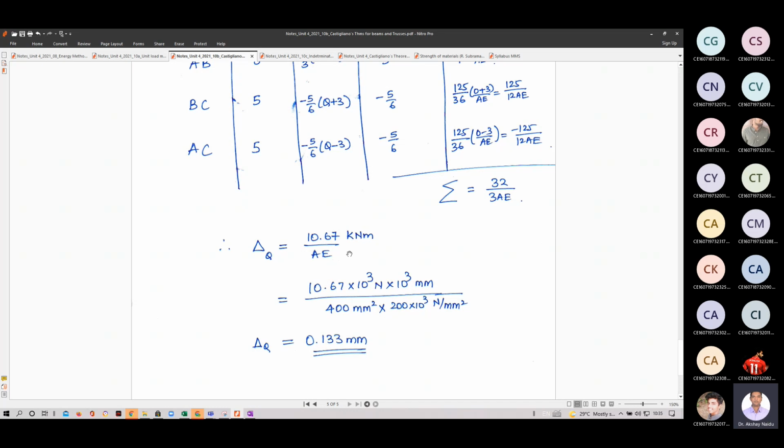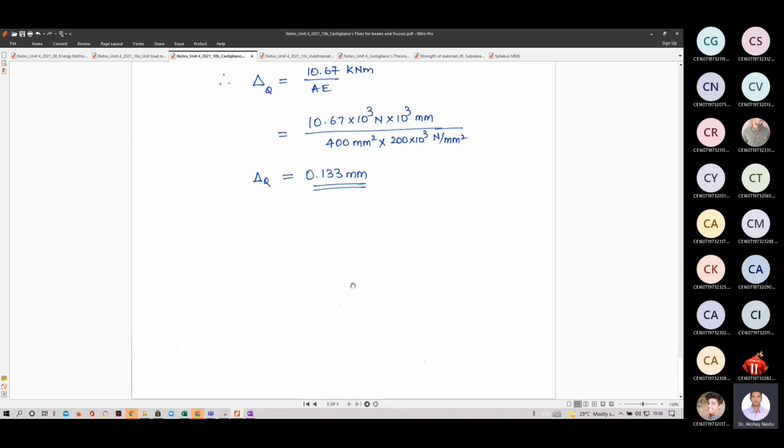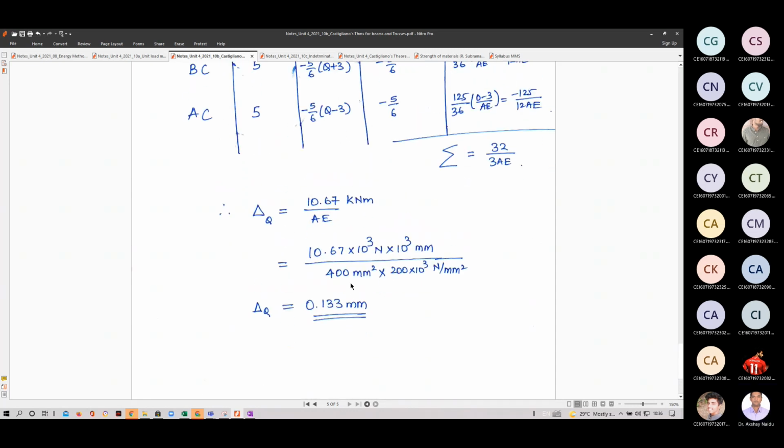So our expression is correct, kilonewton meter in the numerator. Upon substituting, we get 0.133. This is how we solve for the truss member. Okay, this is an example of Castigliano's theorem for trusses.